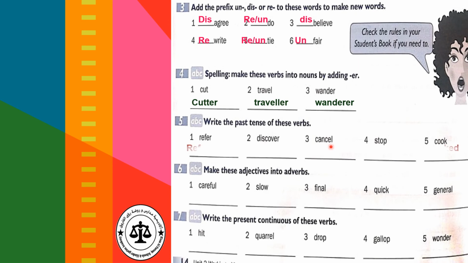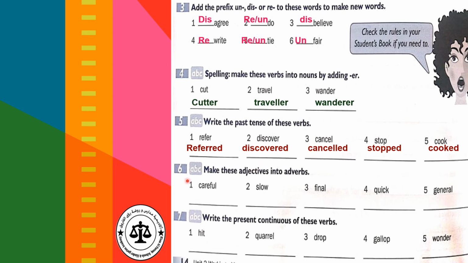We double the letter L. Stop, stopped. Cook, cooked. Why don't we double the letter K here? Excellent, because before this letter we have two vowel sounds.